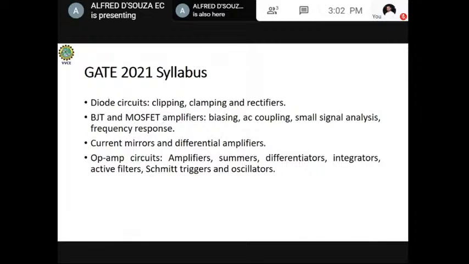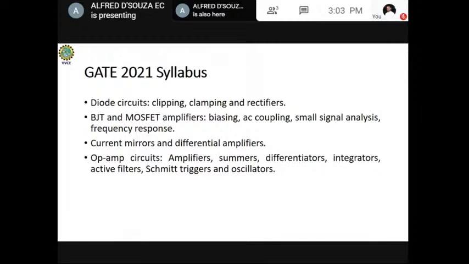In these topics, you can score maximum marks. So I'll put a check mark. You should not be leaving these topics: the diode rectifiers, op-amp circuits, and the BJT and MOSFET amplifiers, biasing, and small signal analysis. So you get more number of questions from these parts.